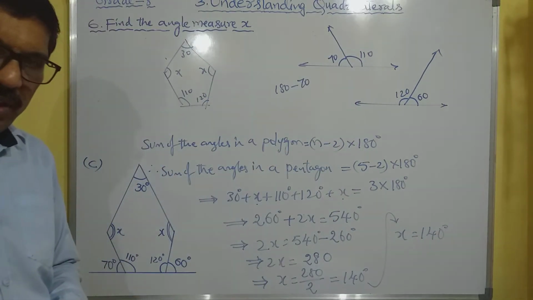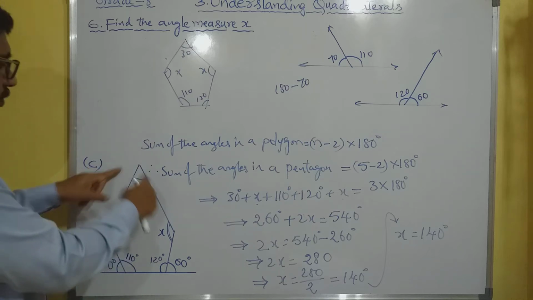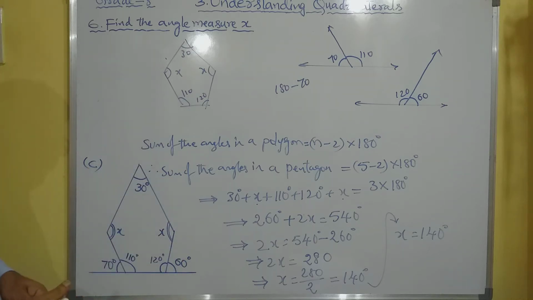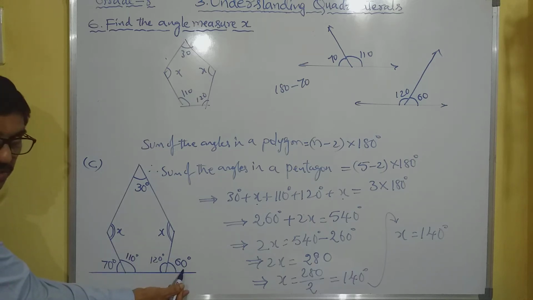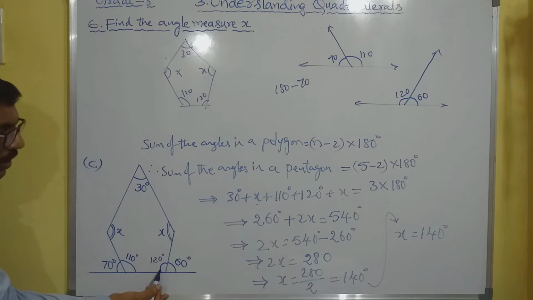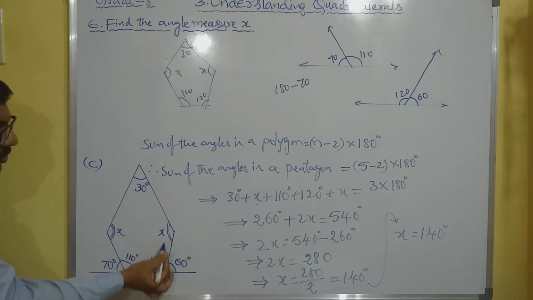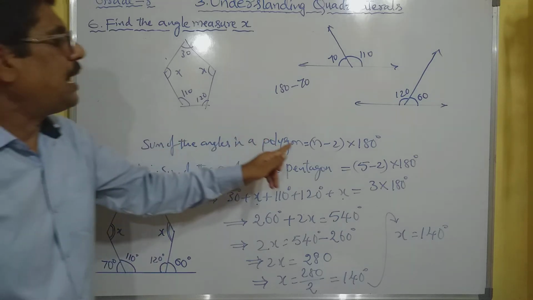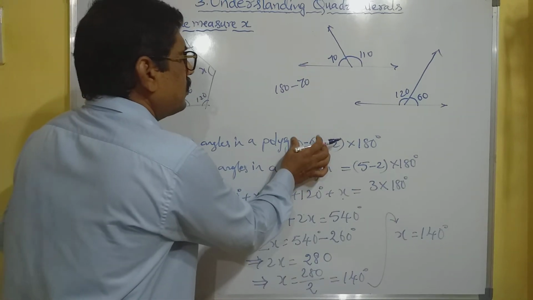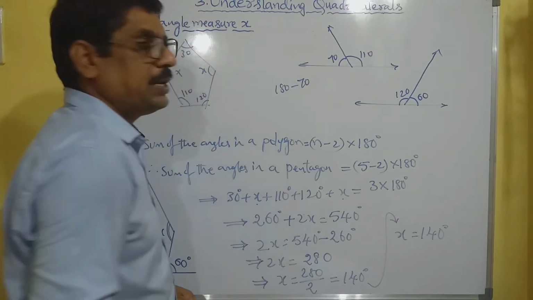I'll explain once again. Now look at this. This is a pentagon. In this pentagon, only the outside angles are given. We get the inside angles by using the concept of linear pair. The outside angle 70 subtracted from 180, we get the inside angle. The outside angle 60 subtracted from 180, we get the inside angle. Now add all these angles. The sum of the angles in a polygon formula is n minus 2 into 180 degrees.